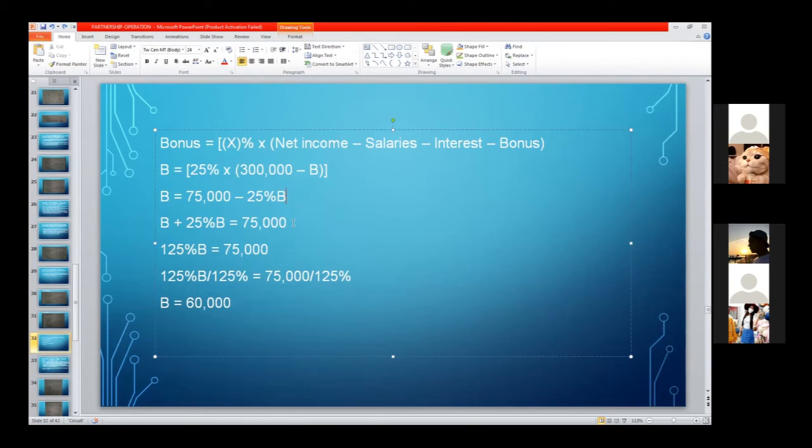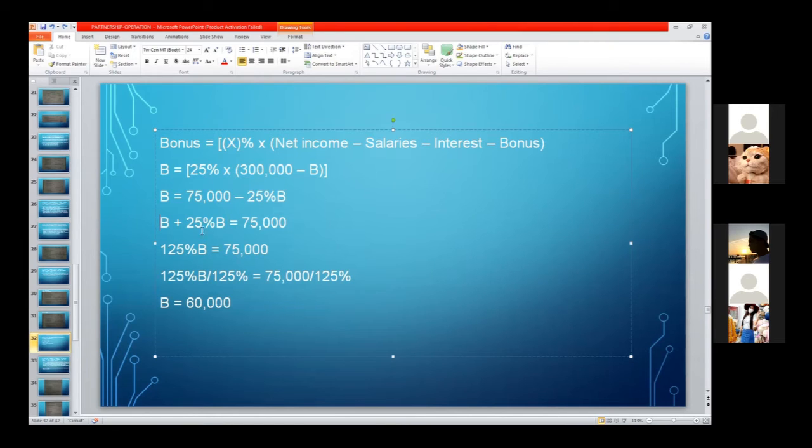Parang yung ginagawa natin dati sa mathematics natin. Kapag tinranspose natin, from negative, magiging positive siya. Pero bakit naging 125%?